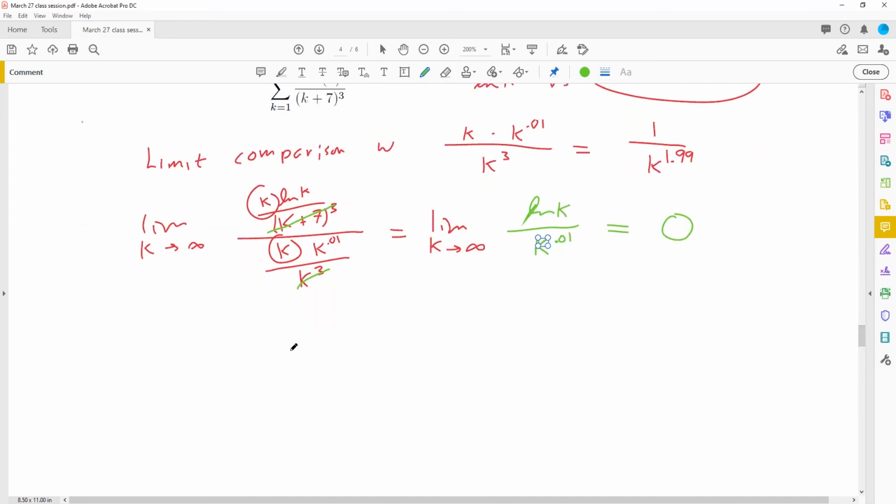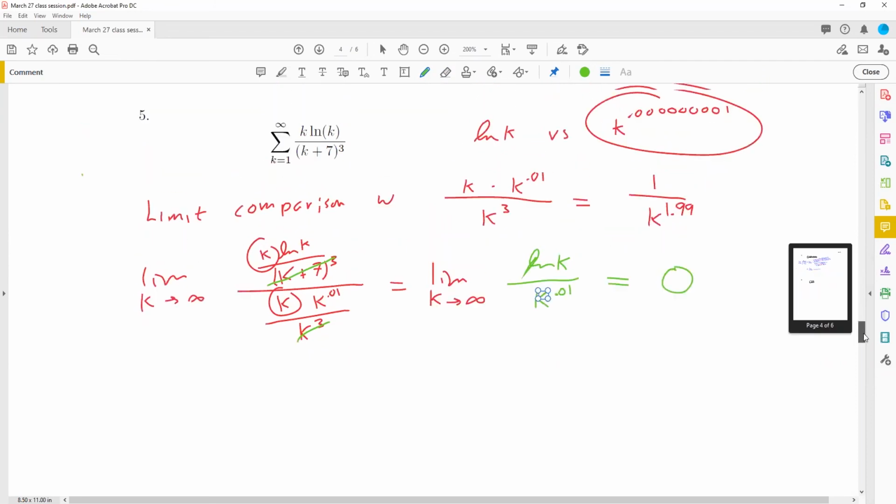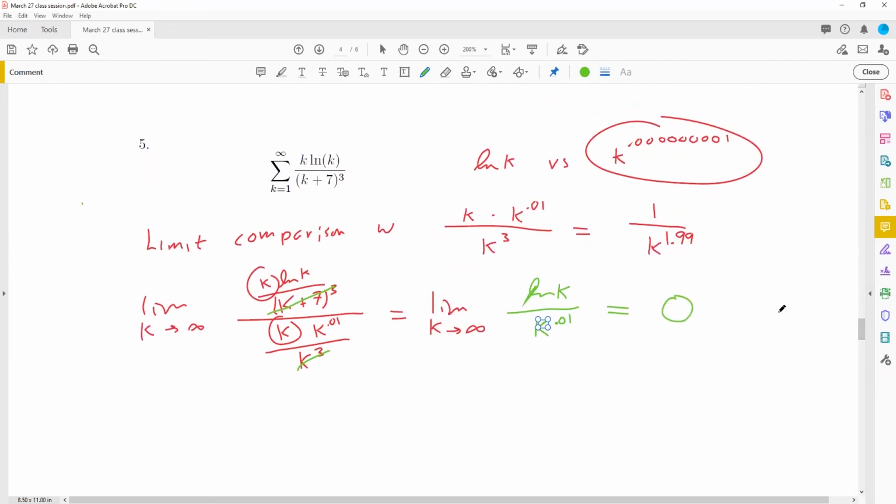So that means what's it going to be? That's 0. What does the limit comparison test say if you get a 0? Converges, yeah, because this one converges.